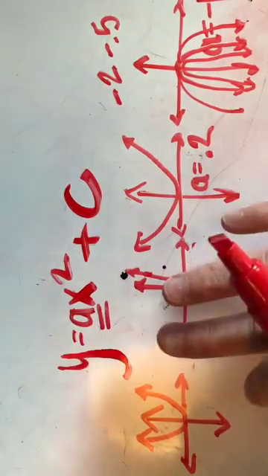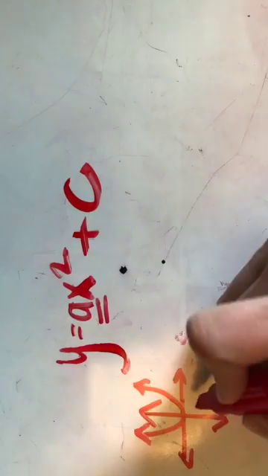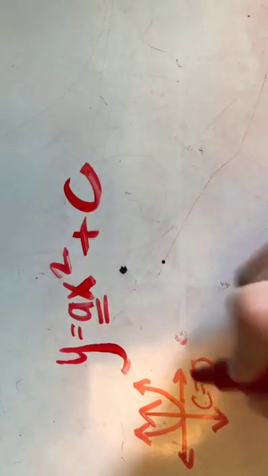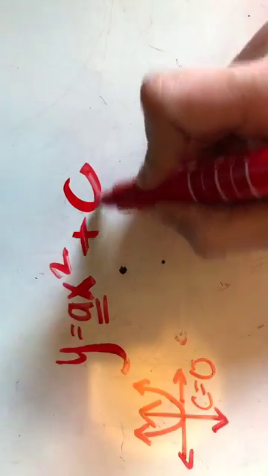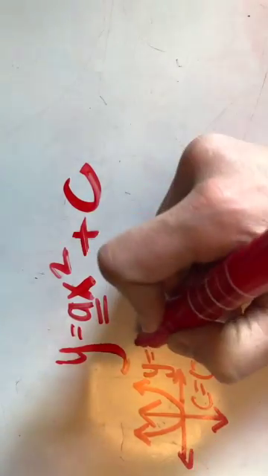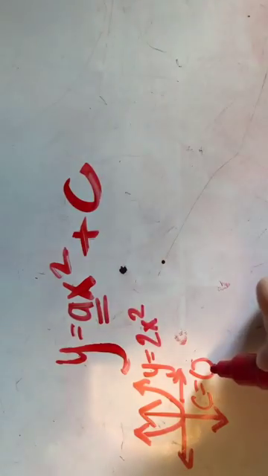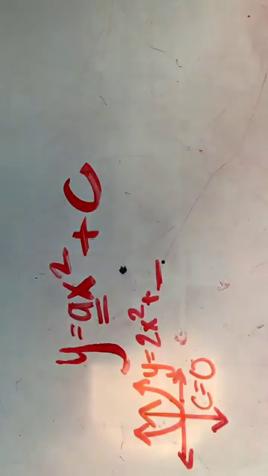Now let's chat about if we add a c term. So let's say our c is 0, which means it does not have a constant term being added. So an example might be like y equals 2x squared. It will not have something added or subtracted to it.